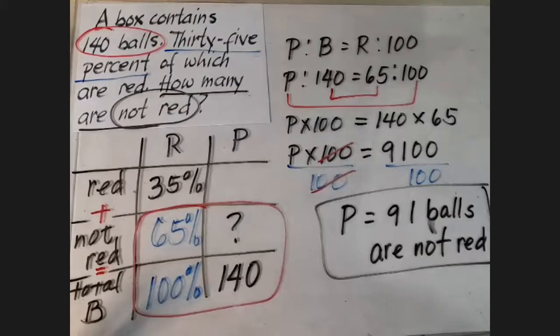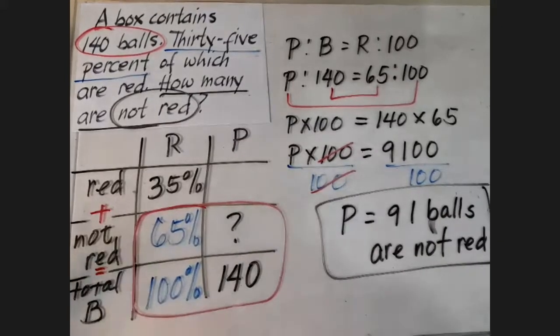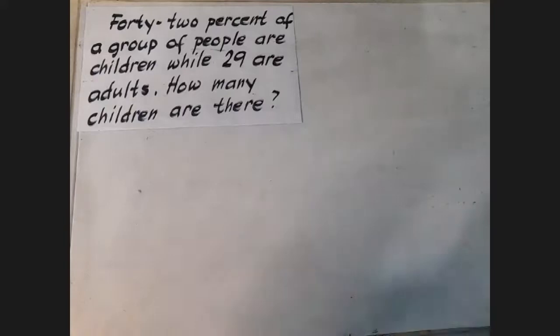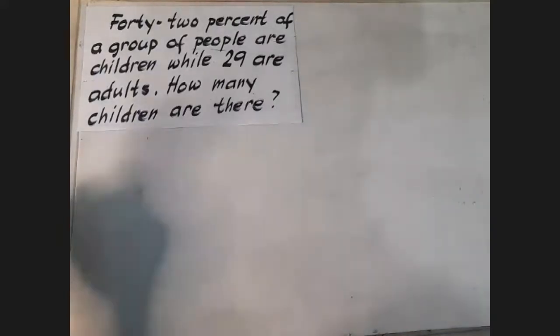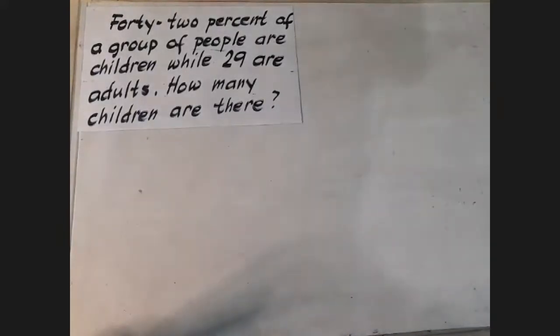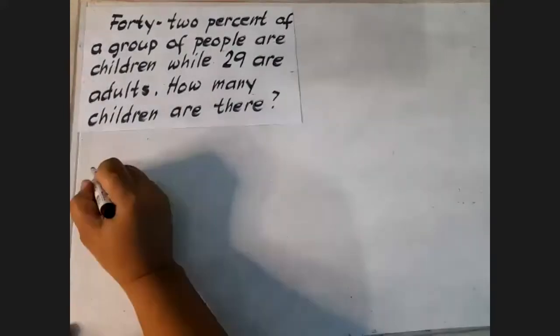Let's now move on to our last problem. Okay, our last problem for this video says 42% of a group of people are children, while 29 are adults. How many children are there? Let's prepare our table.